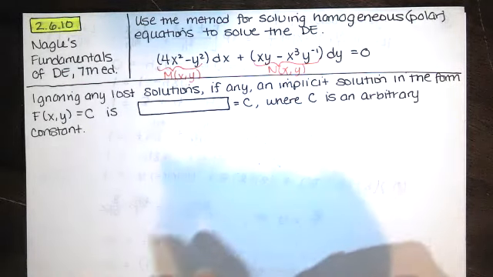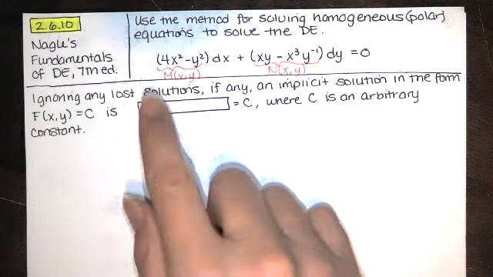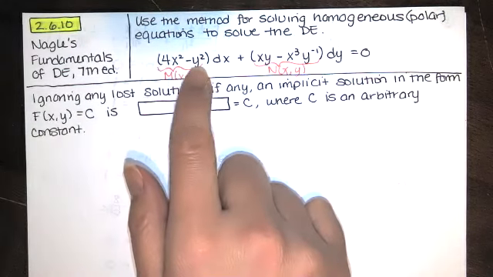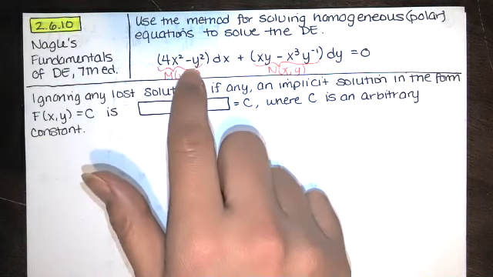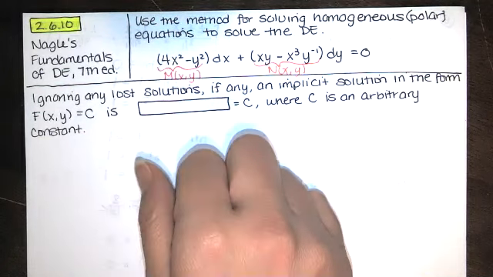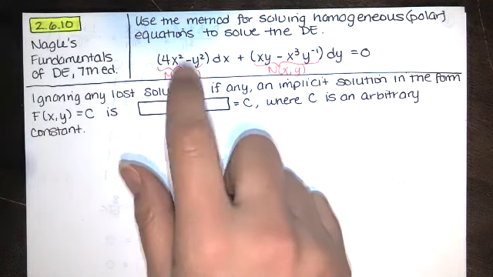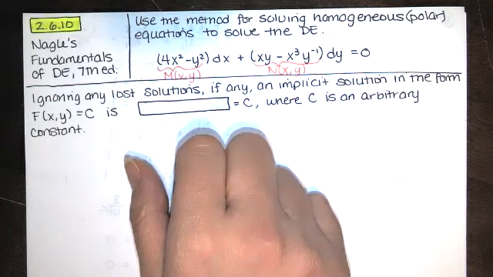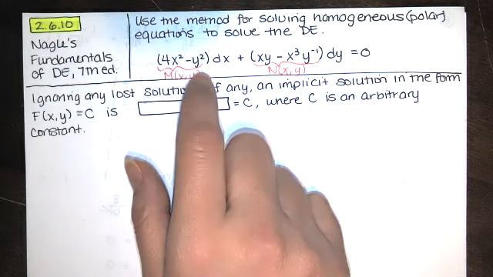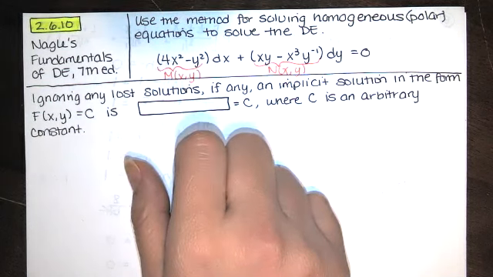But another way that you can tell that they're homogeneous functions of the same degree is by looking at individual terms and the degree of each term. This is a degree 2 term, and that's a degree 2 term. So this is going to be a homogeneous function of degree 2, because we're dealing with a polynomial involving x and y where all of the terms have the same degree.